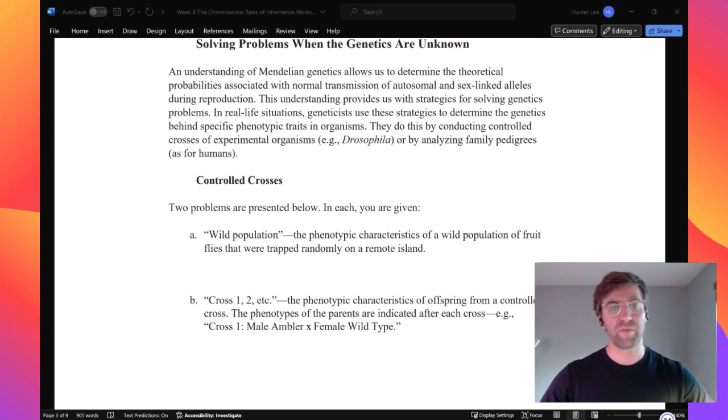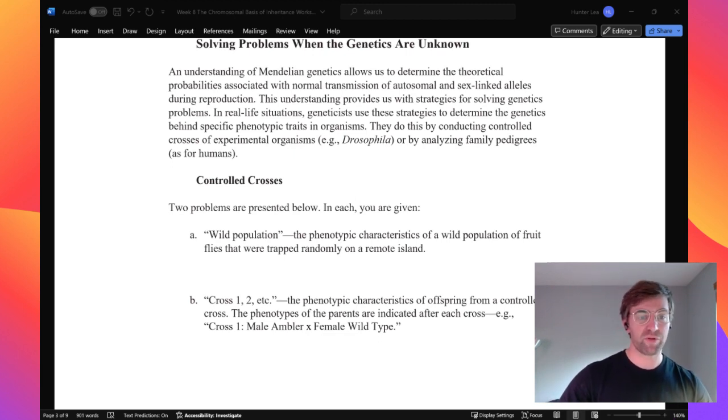This understanding provides us with strategies for solving genetics problems. In real-life situations, geneticists use these strategies to determine the genetics behind specific phenotypic traits in organisms. They do this by conducting controlled crosses of experimental organisms, or by analyzing family pedigrees, as for humans.